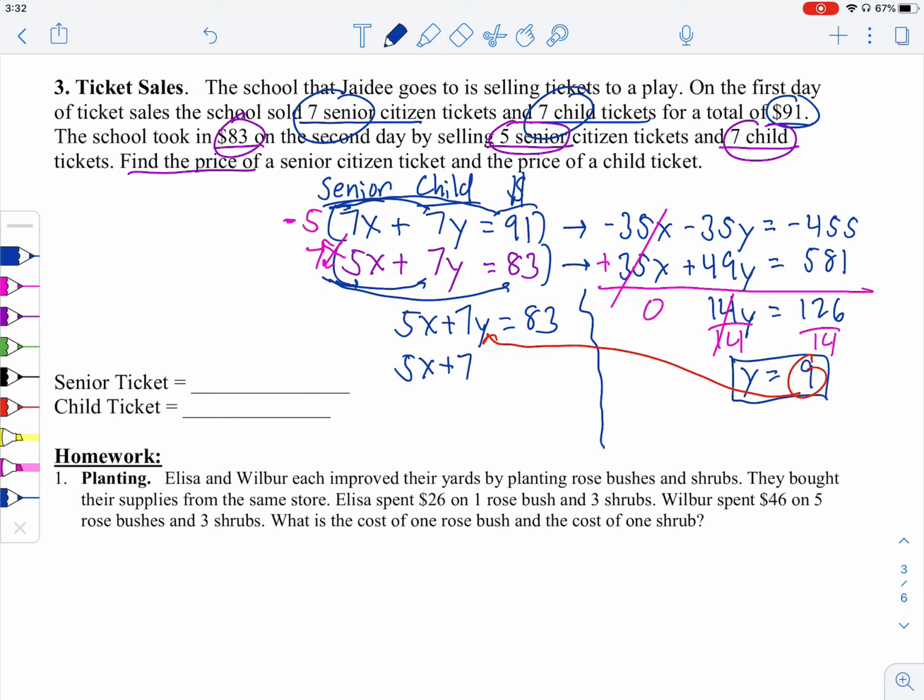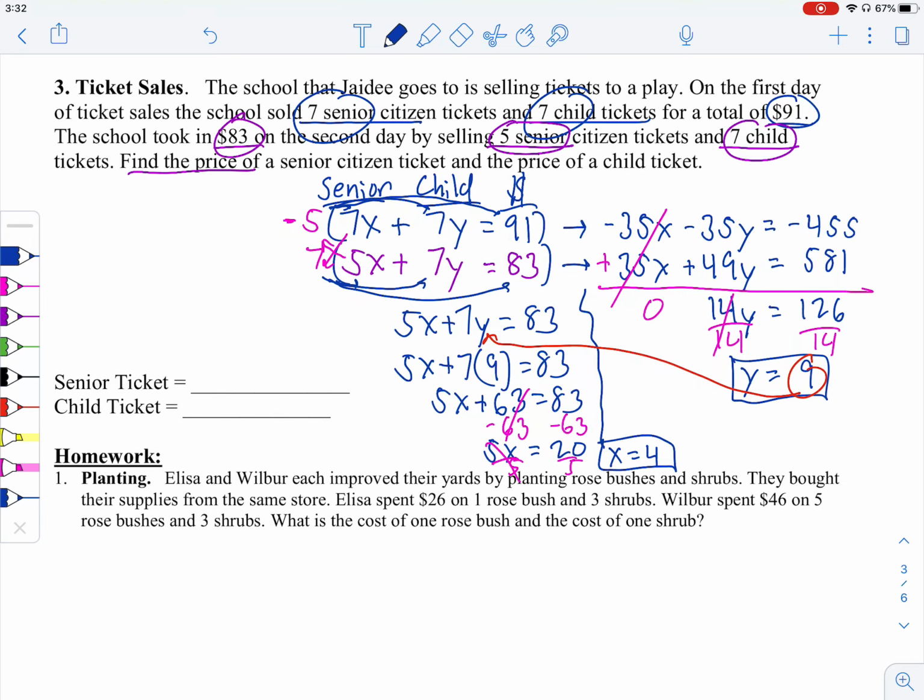So we have 5x plus 7 times 9 equals 83. So we have 5x plus 63 equals 83. 7 times 9 is 63. And then subtract 63 from both sides, we have 5x equals 20. Divide by 5. And we get x equal to 4.